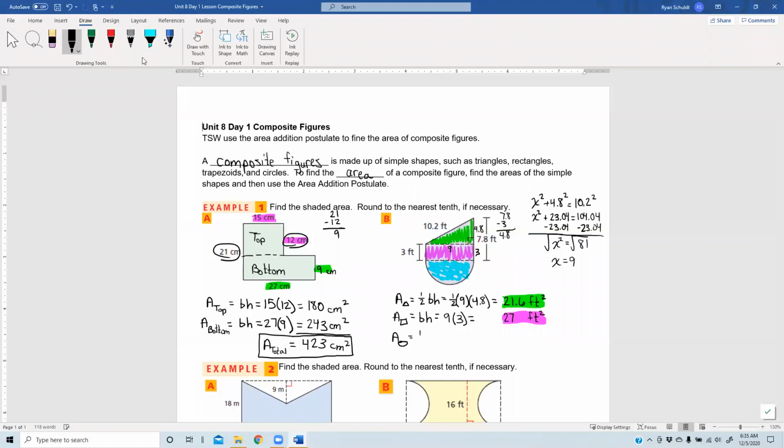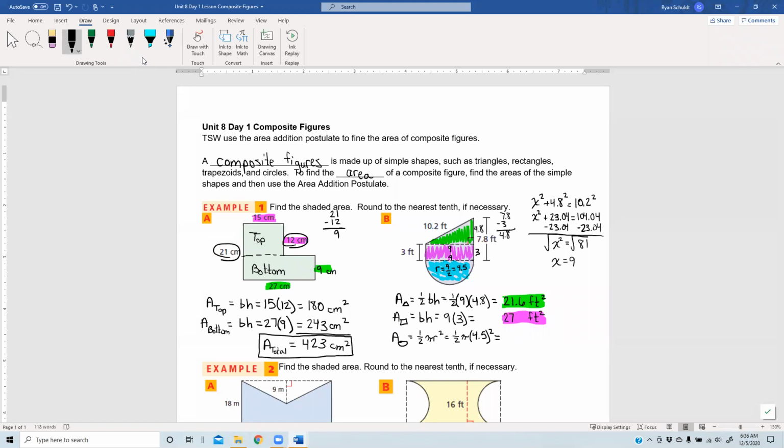So we're going to need half of pi r squared. That's going to be 1/2 pi. Now our radius. I know the whole side here is 9. How do I get radius? Radius is equal to 9 divided by 2, which is 4.5. So this is going to be 4.5 squared.